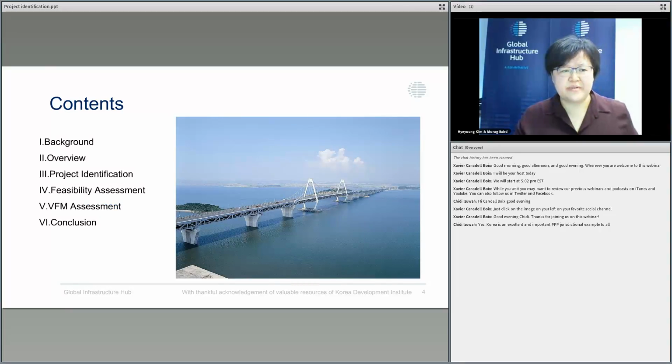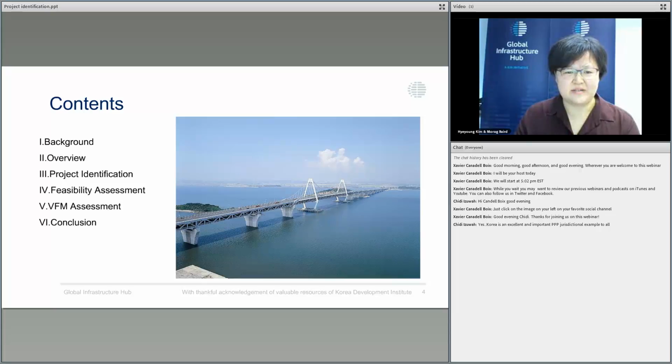Today, I will present PPP project identification and feasibility assessment and BFM assessment in Korea. And this portal is our country's very symbolic landmark as a gateway to our country that connects with the world.